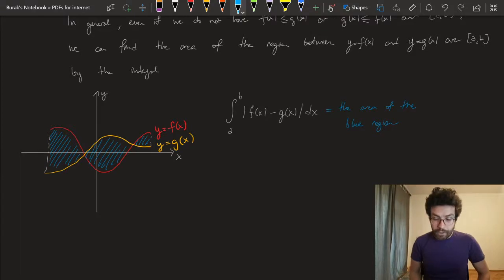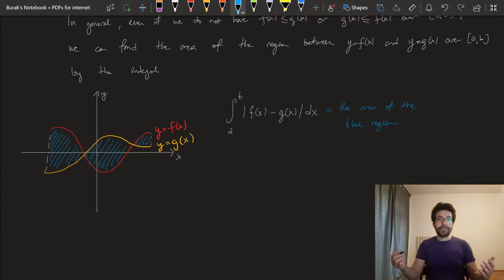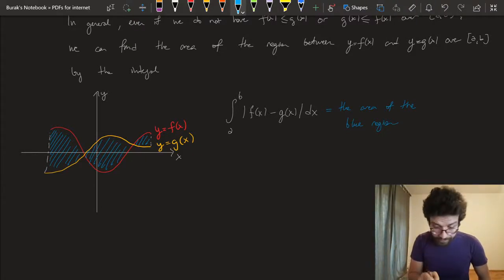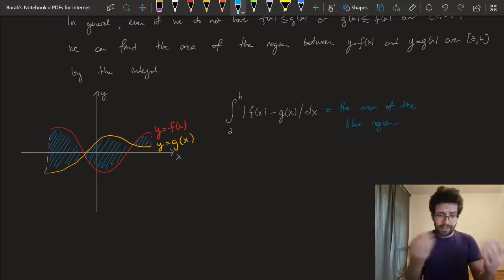Okay, so if you have two arbitrary functions, and you want to find the area of the region between their graphs over some interval, what you do is you subtract these functions and take the absolute value, and because you're taking the absolute value, it doesn't matter which one you subtract from.